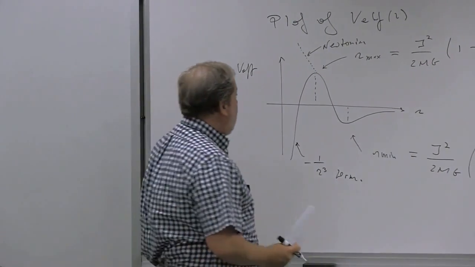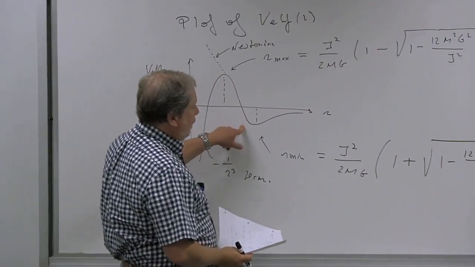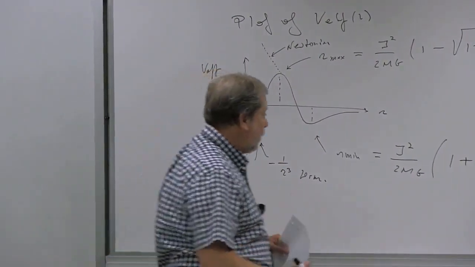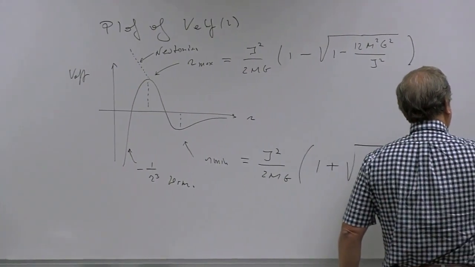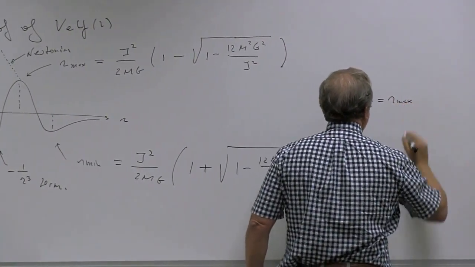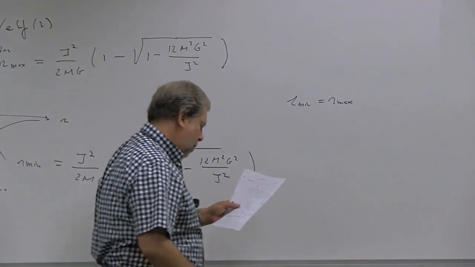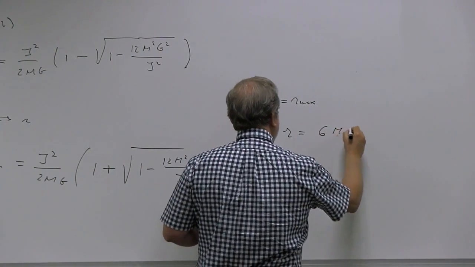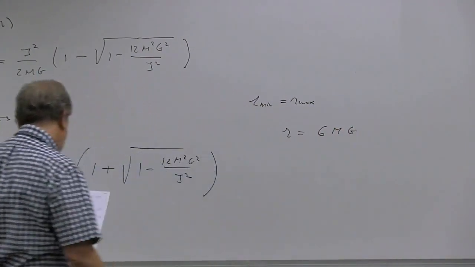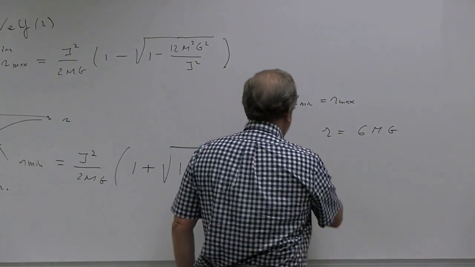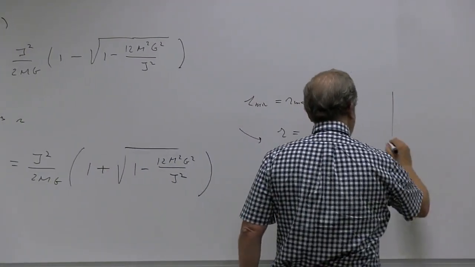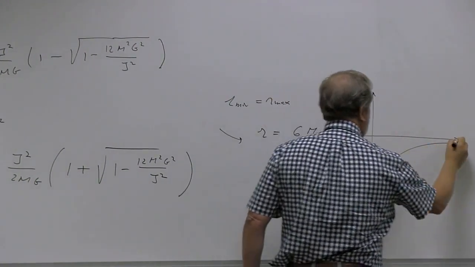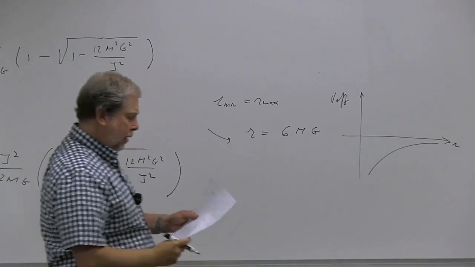And so that means that, under the right conditions, these two minima and maxima coincide. The minimum and maximum coincide, and this is what happens when r is equal to 6 times mg. Past that, the potential looks like that as a function of r, and you don't have any stable orbits anymore.